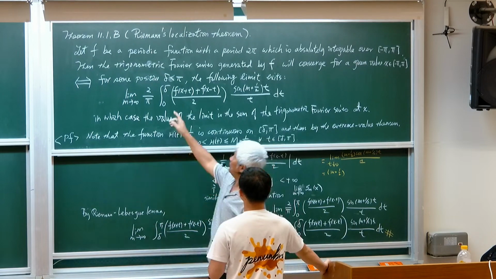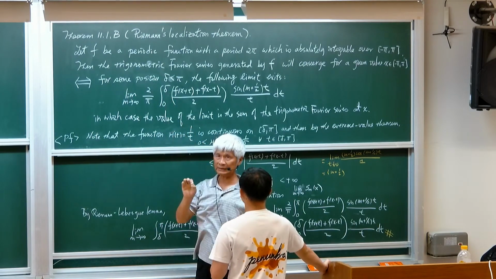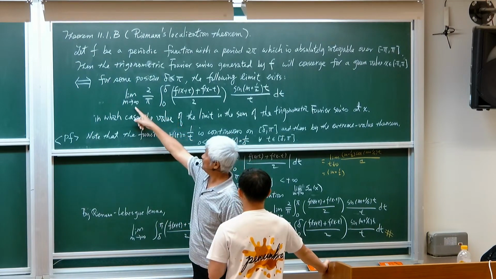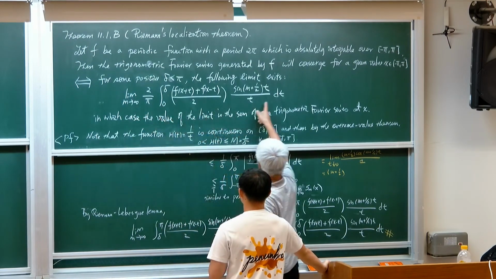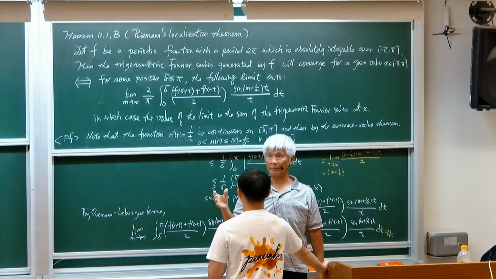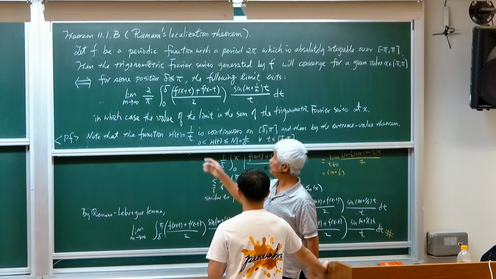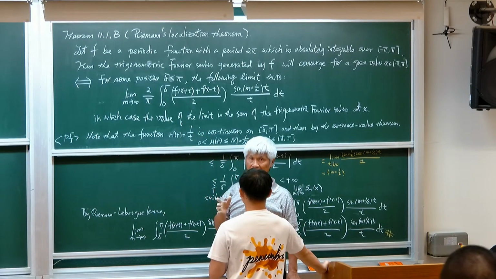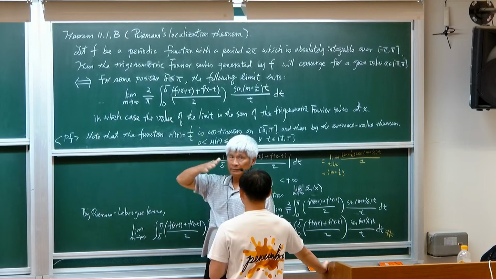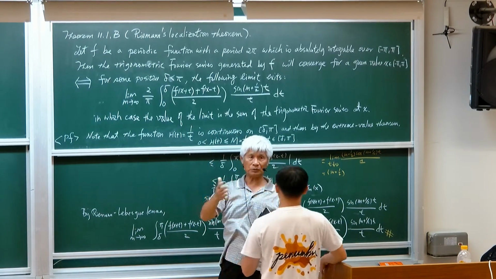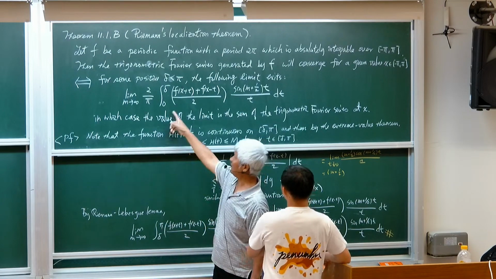Right? So for example, if your delta is say 1/2, and then you evaluate this limit and find that this limit exists, say some number a, then by the lemma, if you change delta to 1/3 or 1/4, you get the same limit.